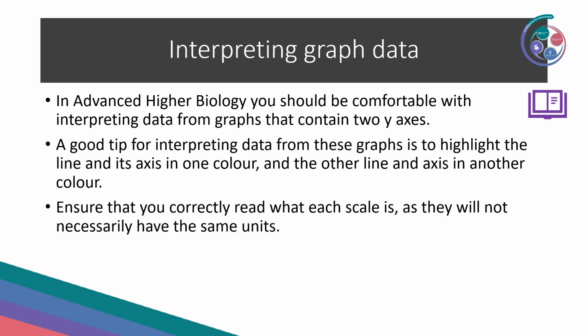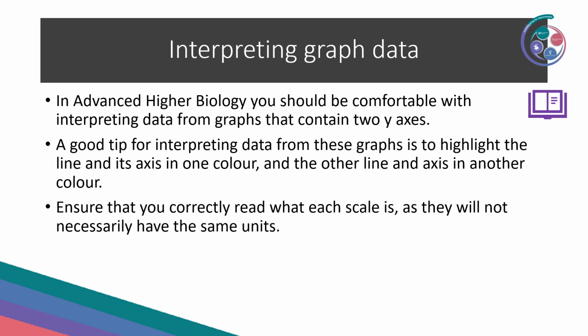A good tip for interpreting data from graphs like this, if you get asked to state a value at a particular time, is to use two different highlighters. Use one highlighter to color the line that corresponds to a particular axis, and highlight that axis the same color so that you don't get mixed up, and then use another color for the other one.